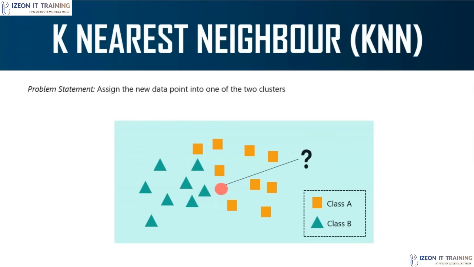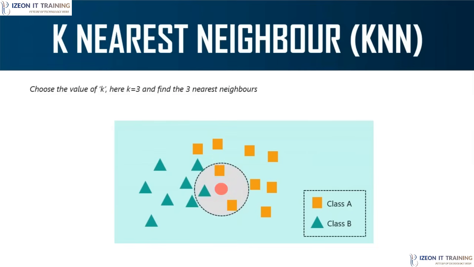Now, the K stands for the number of nearest neighbors, and that's why it's got the name K nearest neighbors, right? Now, in this image, I've defined the value of K as 3. This means that the algorithm will consider the three neighbors that are closest to the new data point in order to decide the class of the new data point. So the closeness between the data points is calculated by using measures such as Euclidean distance and Manhattan distance, which I'll be explaining in a while.